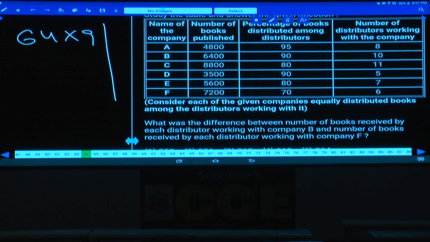Next. And for F, you have 6 distributors, 70%. What is 1%? 72. 70% in the sense 72 into 70. These were number of books distributed among 6 distributors. For each you will get by 6. 6 how many times?